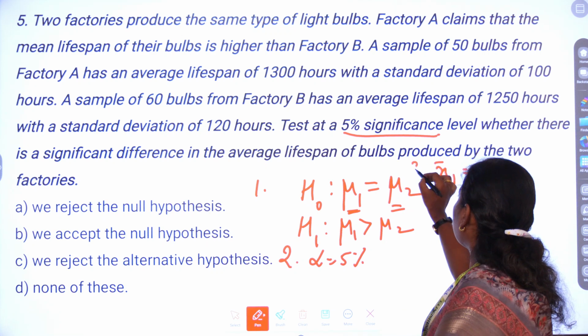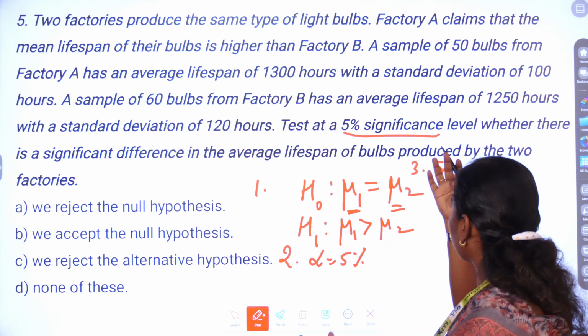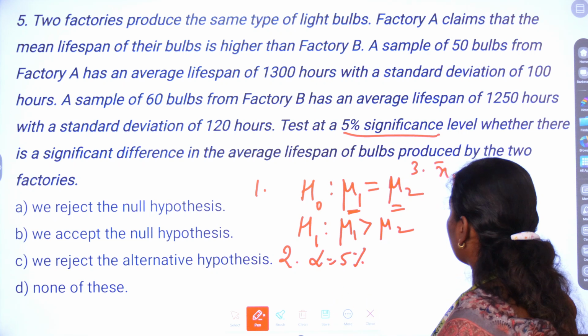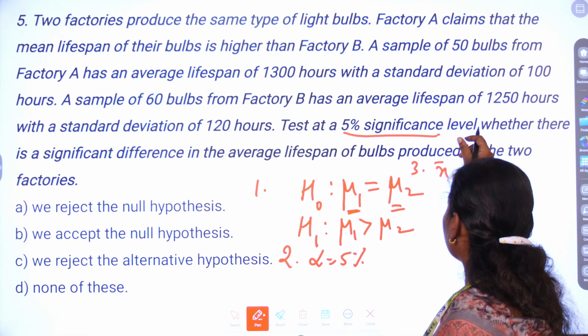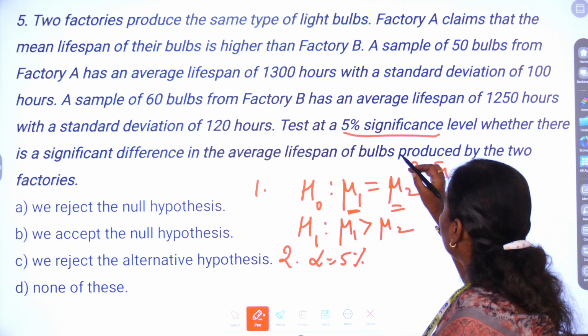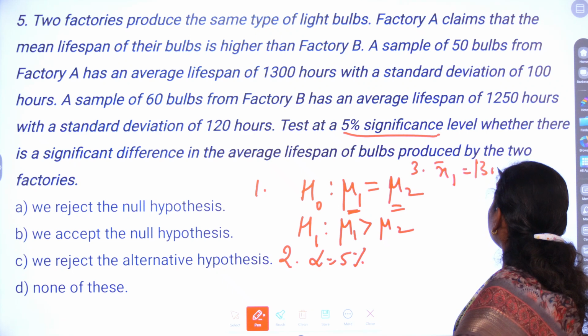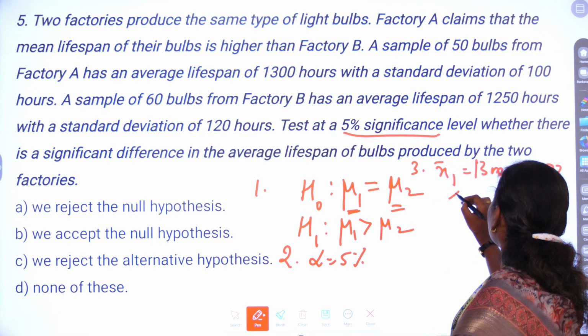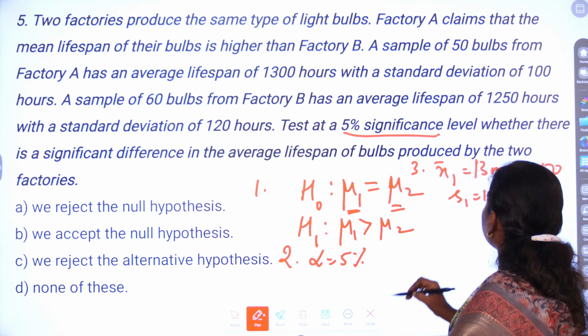This is our step 3. They collected the sample and calculated for the bulbs produced by factory A. For that your mean is nothing but 1300 and your N1 is nothing but 50, right? And your standard deviation is nothing but 100.